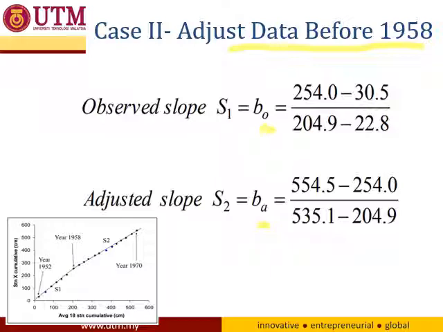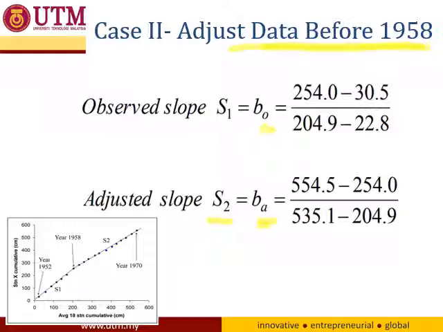S1 is the original or observed rainfall data because S1 is the data before 1958, and now S2 is adjusted, because we want to follow the slope of S2. We want the data to have the same slope as S2.